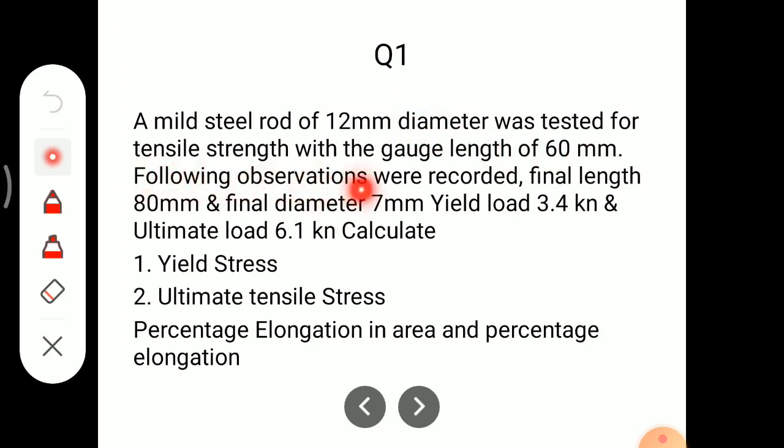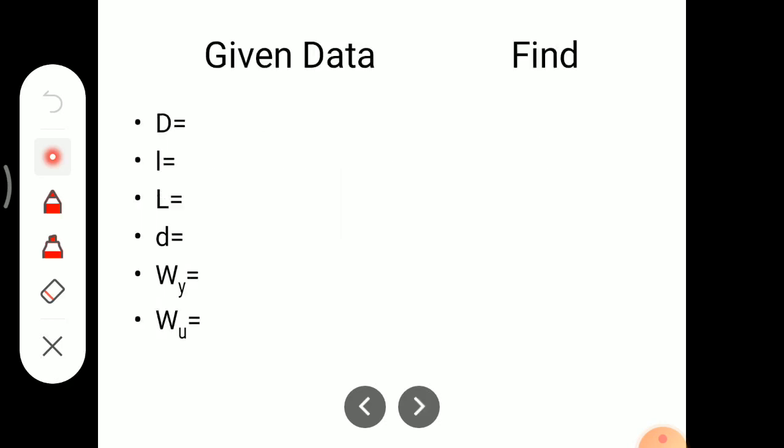The following observations were recorded: final length is 80 mm, final diameter 7 mm, yield load 3.4 kilonewton, and ultimate load is 6.1 kilonewton. We have to calculate yield stress, ultimate tensile stress, and percentage reduction in area and percentage elongation. Now we will start to solve the problem.